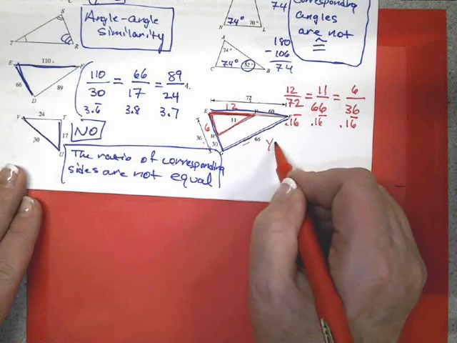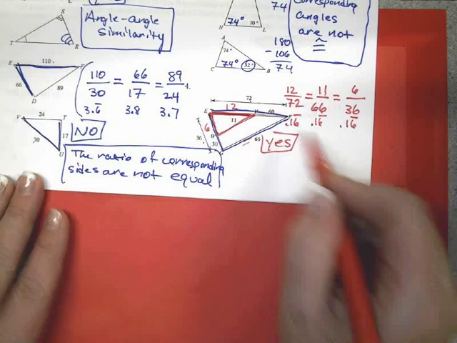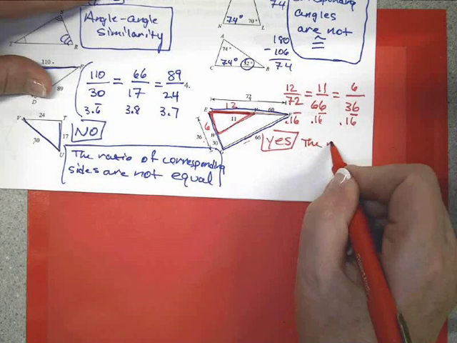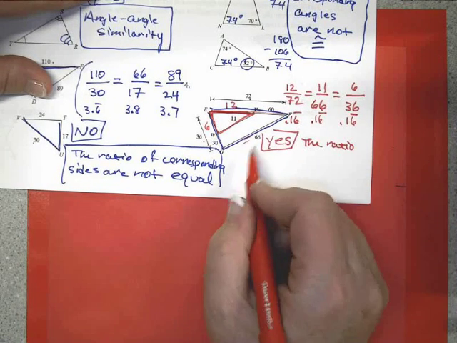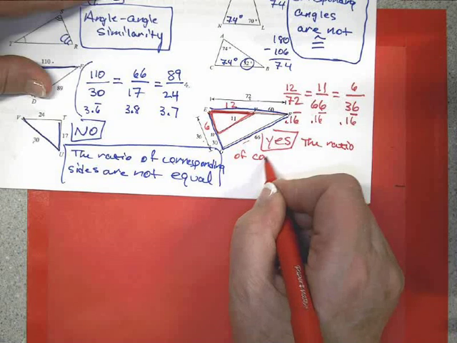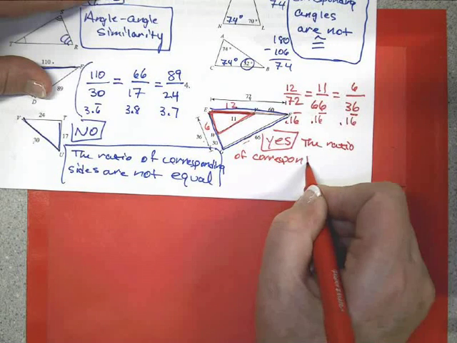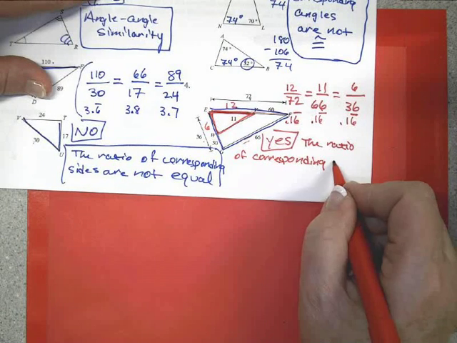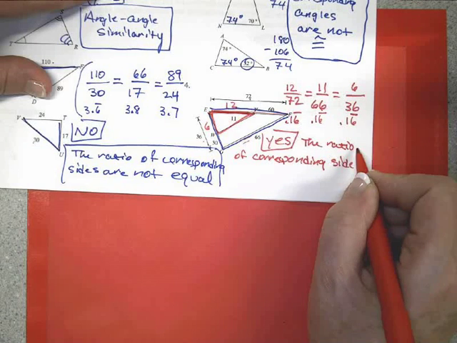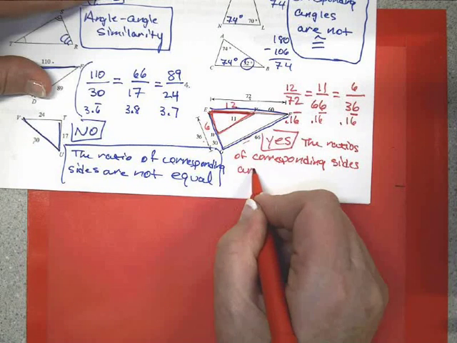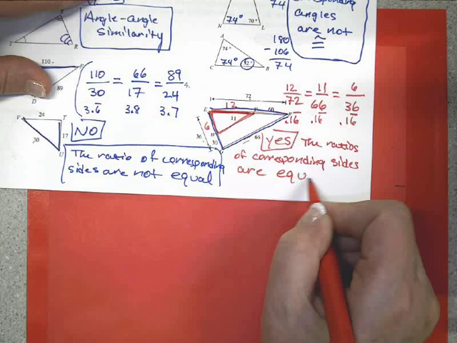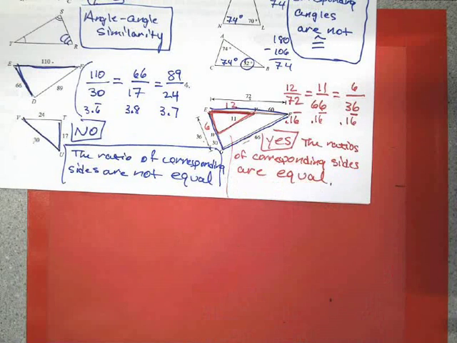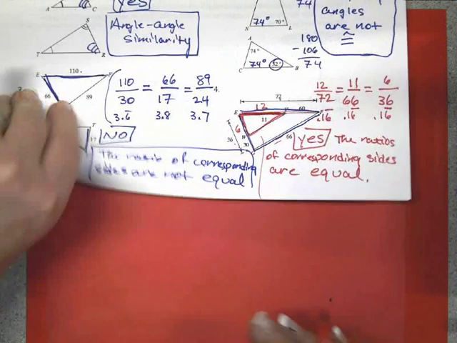So this answer is a yes, because the ratio of corresponding sides, or the ratios, are equal. So go ahead and get the rest of that explanation copied down, and then we'll take a look at the second side of section 1.